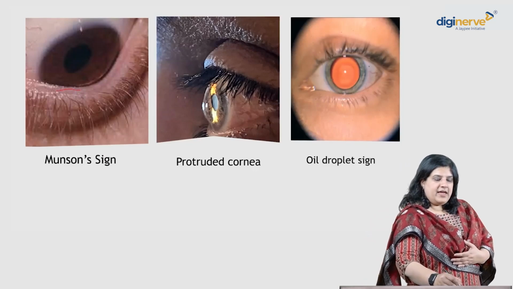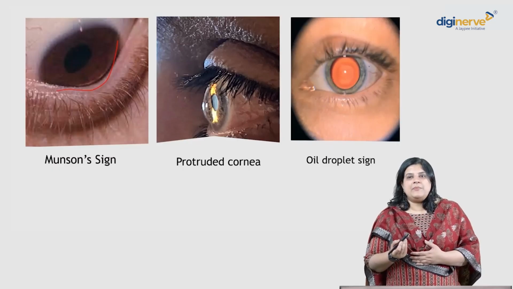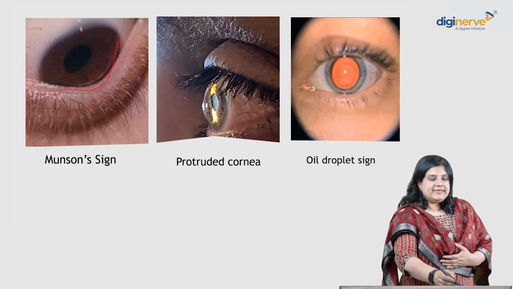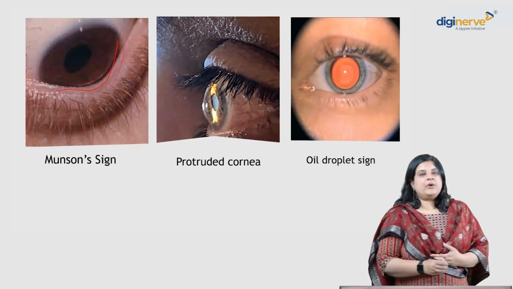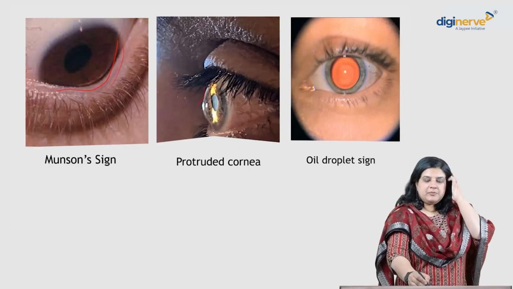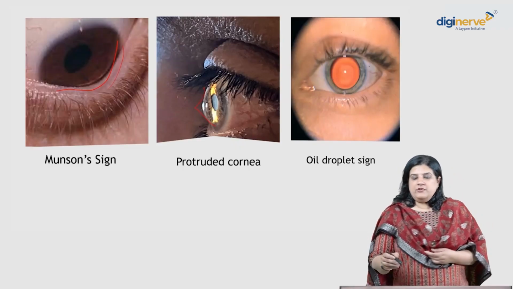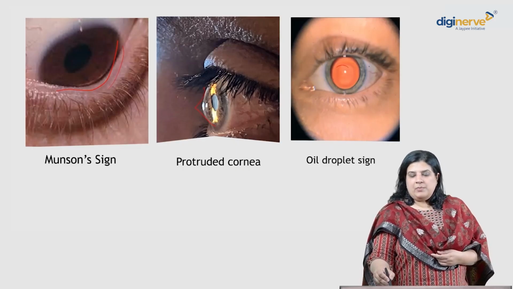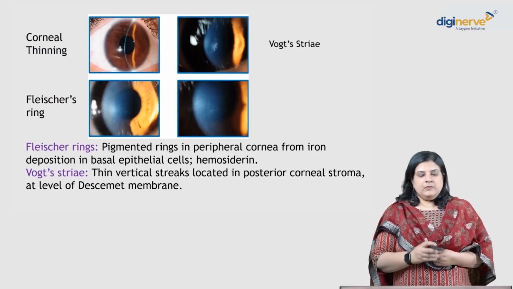This is a very characteristic Munson sign because of the conical appearance of the cornea. You can see, when the patient is looking down, there is that conical thing that is forming on the lower lid. The cornea appears visibly protruded in patients with advanced keratoconus, and you can see an oil droplet sign, as you can see here on retinoscopy as well.